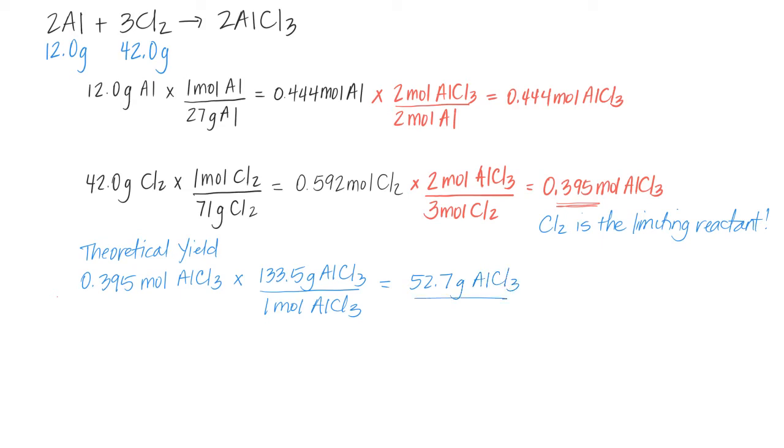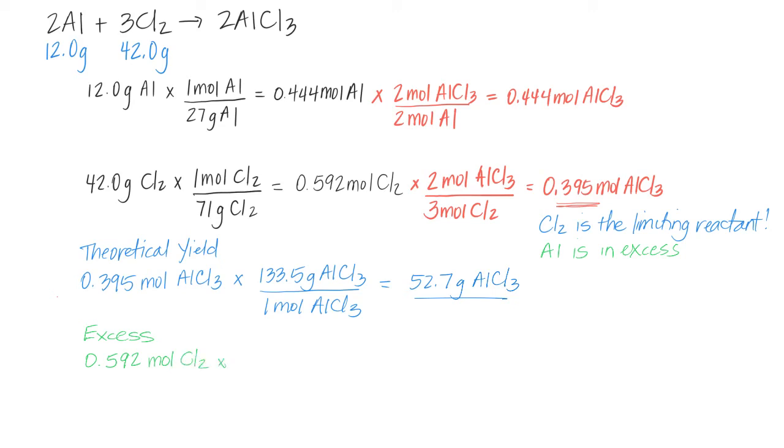If chlorine is the limiting reactant, then aluminum is in excess, and we can determine how much aluminum is left over after the reaction stops. First, we'll need to figure out how much aluminum was used to produce the 52.7 grams of aluminum chloride. So let's start with our limiting reactant. We know that we used all of our 0.592 moles of chlorine.